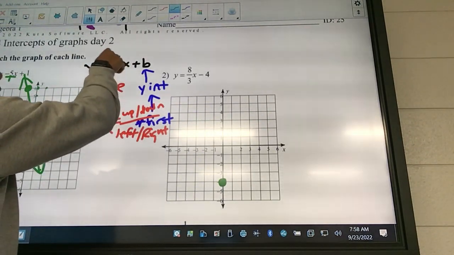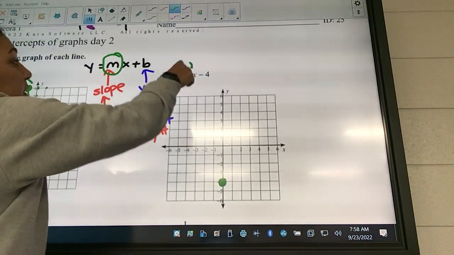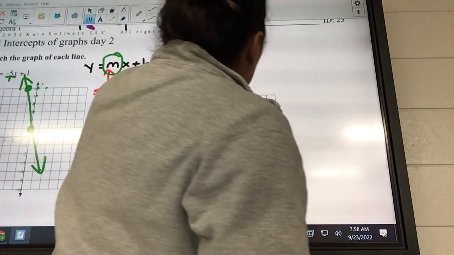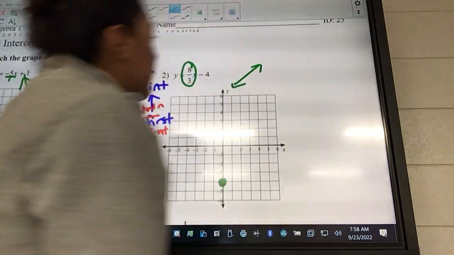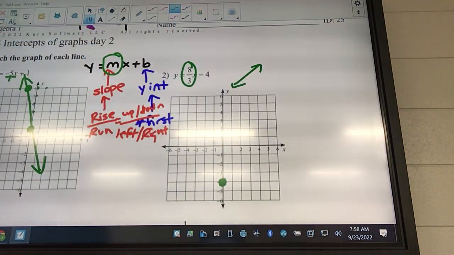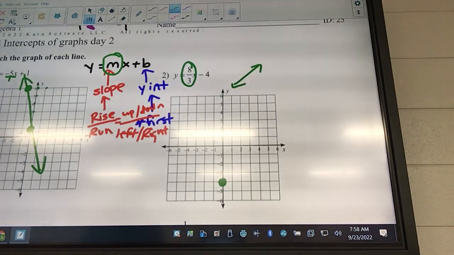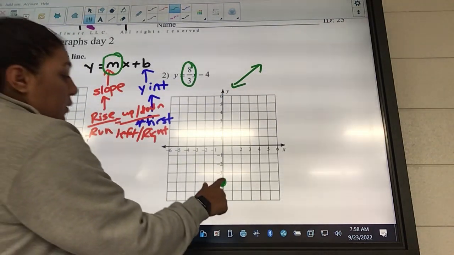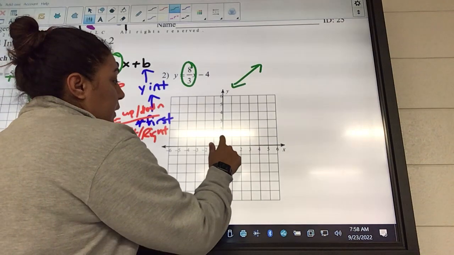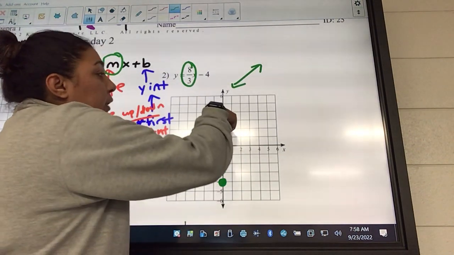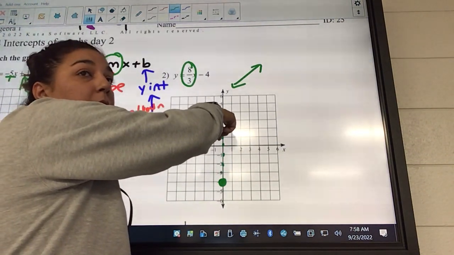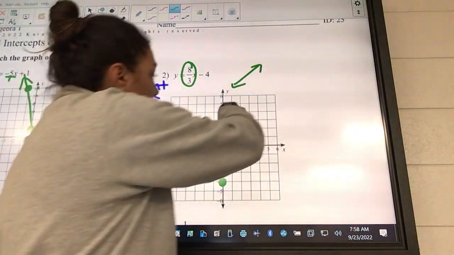Our slope goes right here, it's positive 8 over 3. So draw your little line, that way you know what the shape of your line should look like. So we're going to rise 8, meaning go up 8. 1, 2, 3, 4, 5, 6, 7, 8. And go over 3, which way? To the right 3. 1, 2, 3.